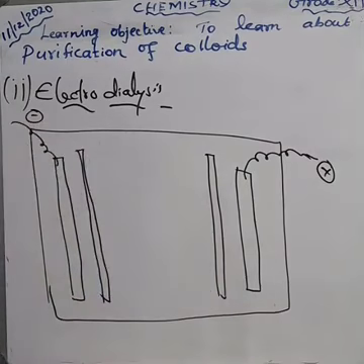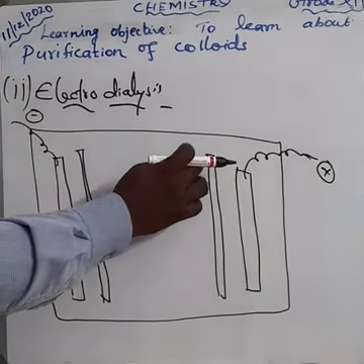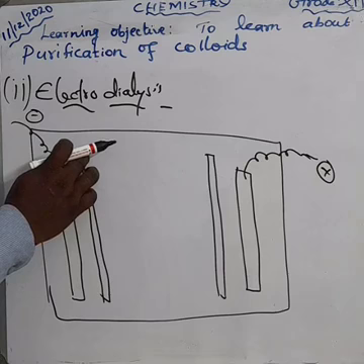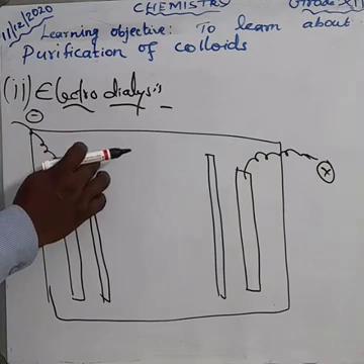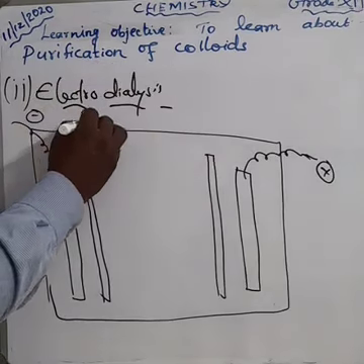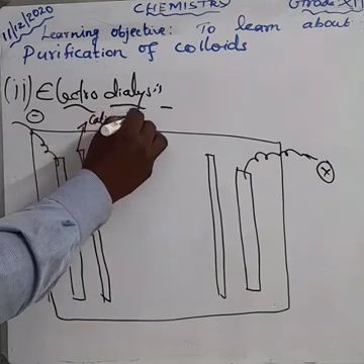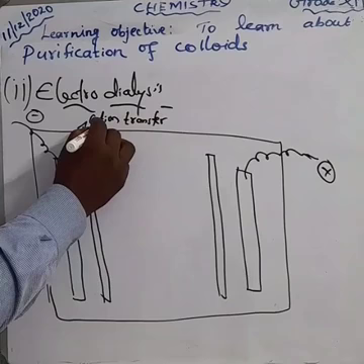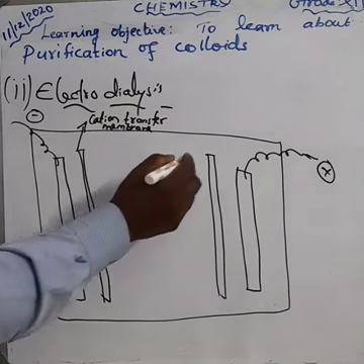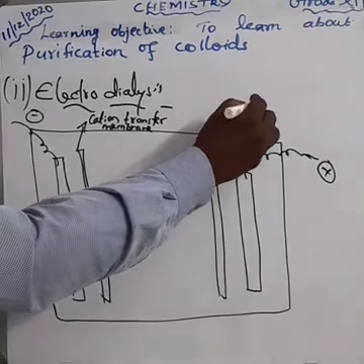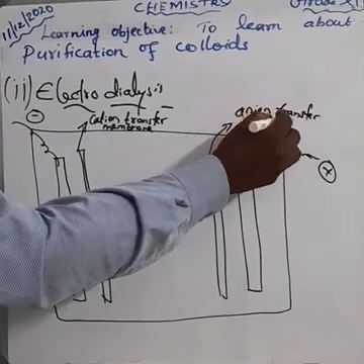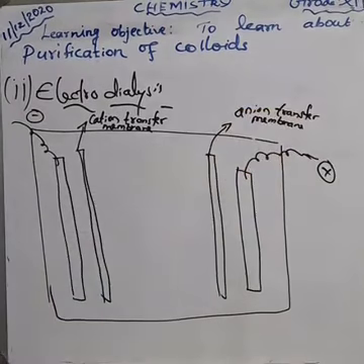We can call them a cation transfer membrane and an anion transfer membrane. Clear? Can you understand the concept?